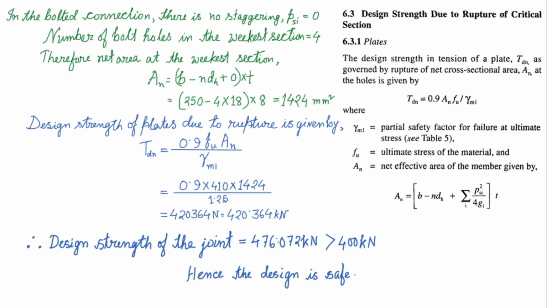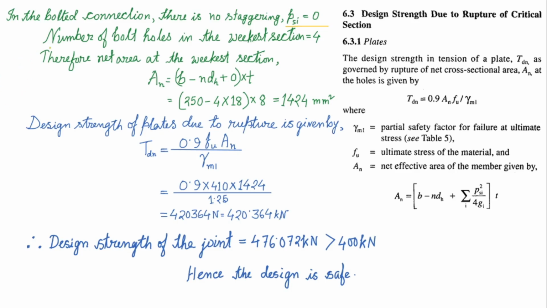Next, in the bolted connection there is no staggering, that's why PSI is 0. Staggering means staggering pattern of bolt is not provided in the joint, so that's why PSI is 0.